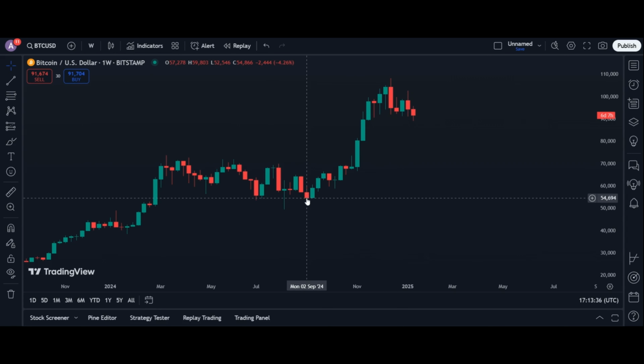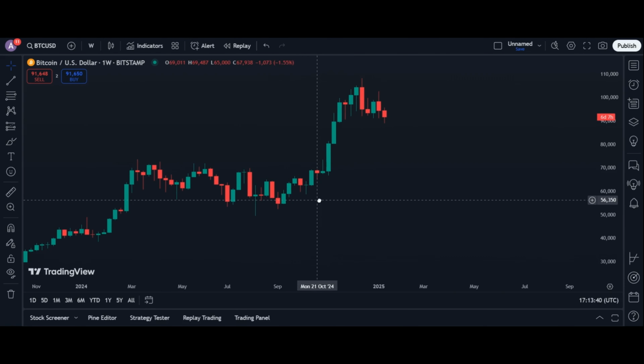Also we can see that, for example, at this point, there was a consolidation area and there wasn't any specific trend, no uptrend, no downtrend, and the price ranges from, for example, $72,000 to $49,000.